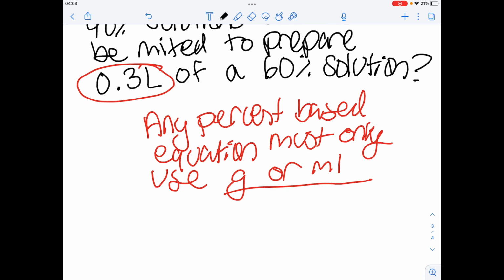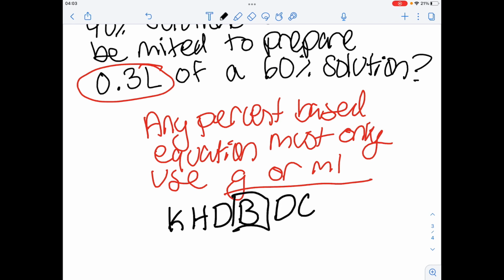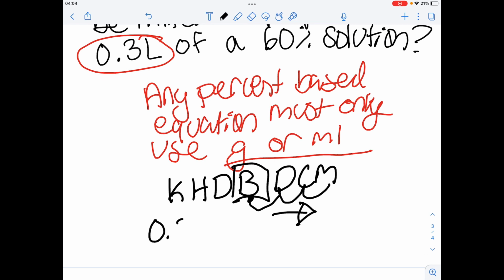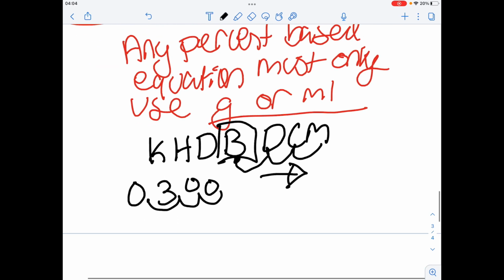I'm going to do that using my acronym, Keen Henry died by drinking chocolate milk. Liter is our base unit, so we're going to move our decimal point 1, 2, 3 places to the right. 0.3, 1, 2, 3. Fill in zeros for our places.